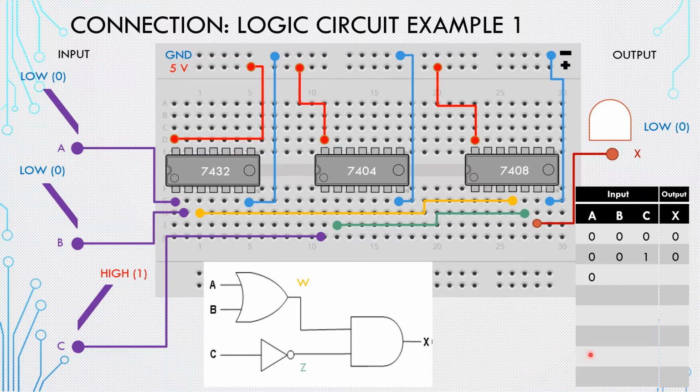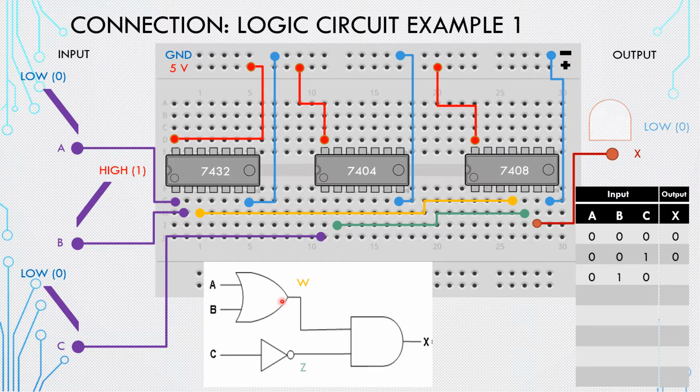I want to now go to the third row: 0, I make this one 1, and the third one back to 0. Now let's see what happens for the output. This is what we have, 1.